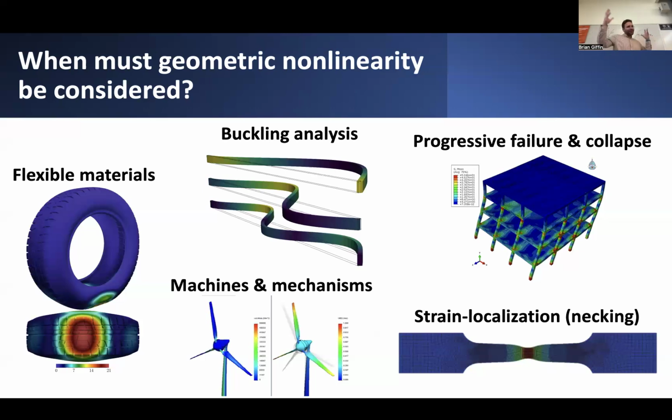But there are other materials that these common structural materials come into contact with that do exhibit relatively large deformations. Things like rubbers or other types of elastomers. Soil is probably another good example.